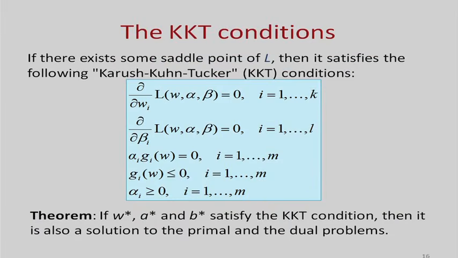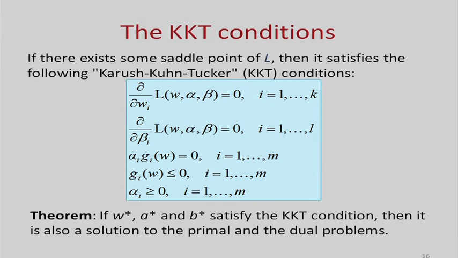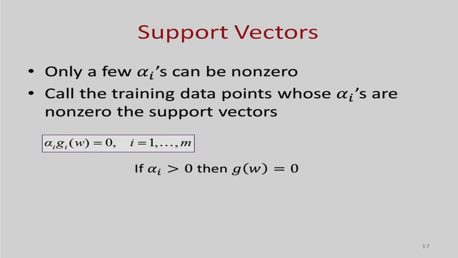Now, this KKT condition also says that alpha_i g_i(w) equal to 0 and g_i(w) is less than or equal to 0. Because alpha_i g_i(w) is 0, only when alpha_i is 0 can g_i(w) be non-zero, and otherwise g_i(w) is 0, which says that only a few of the alpha_i's can be non-zero.